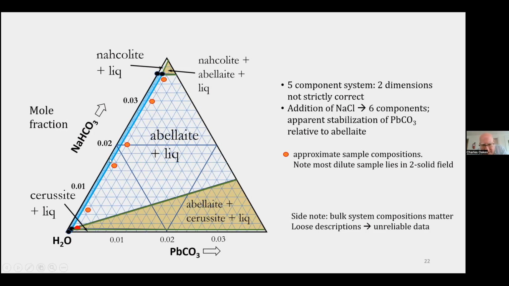The homogeneous liquid field also has to be fairly narrow. It has to lie to the left of these data points. So we know it's narrow. Unless this point in the interior moves strangely down, you would have to have these points all lying within the single solid plus liquid field.